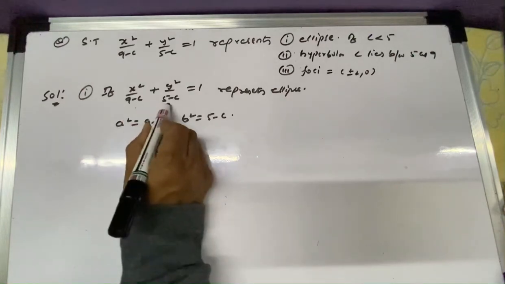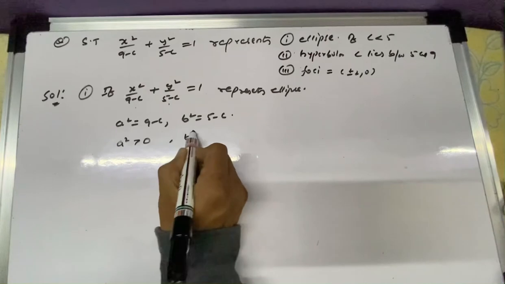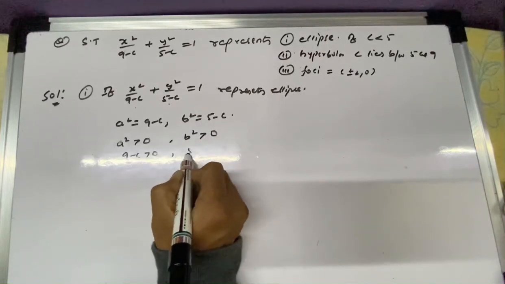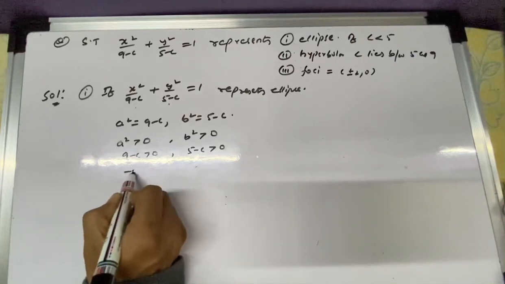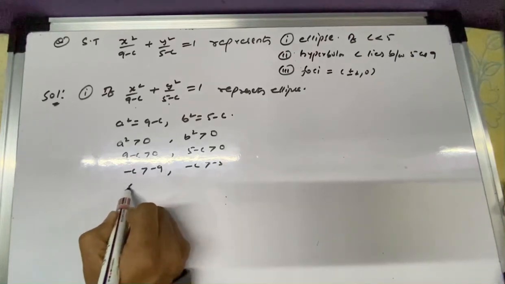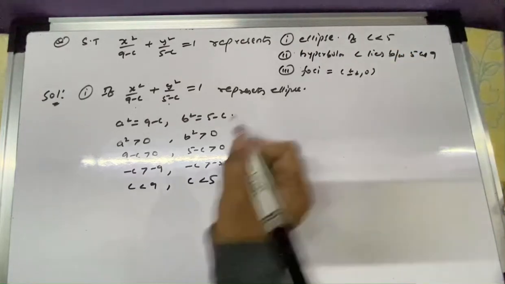These values of denominator, they are greater than 0, a square is greater than 0 and b square is greater than 0. 9 minus c is greater than 0 and 5 minus c is greater than 0. Minus c is greater than minus 9, minus c is greater than minus 5. C is less than 9, c is less than 5. So c is less than 5, we got it.